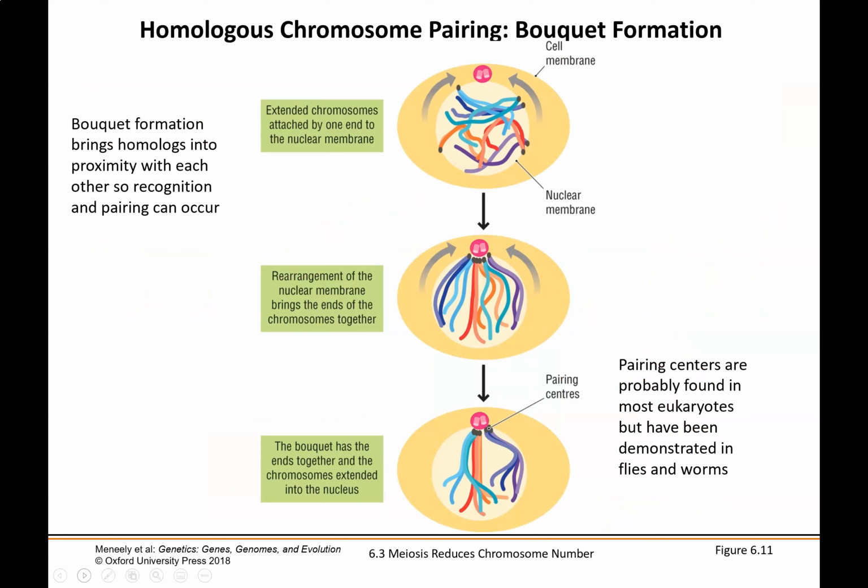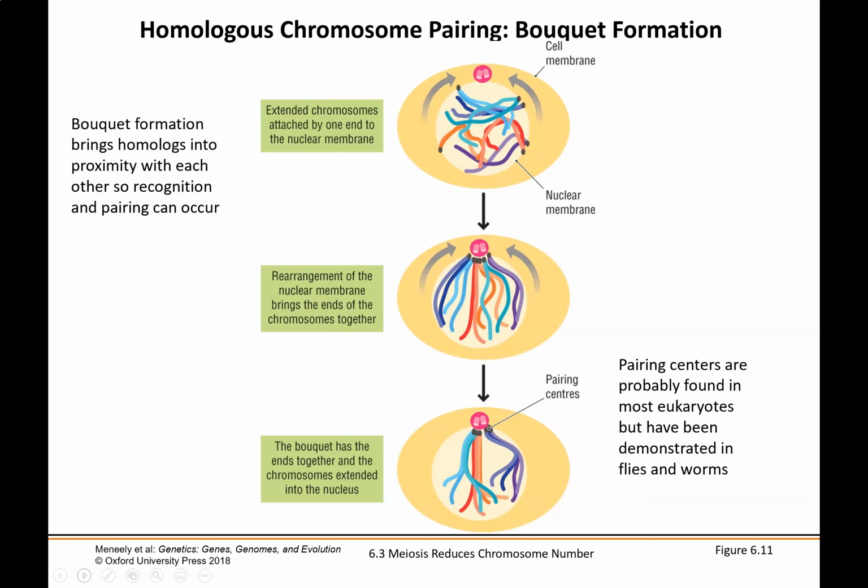So let's talk about some of these things that happen in meiosis I, keeping in mind that the process is the same. So we're not going to talk about that process of lining up and stuff again, because we already talked about that in mitosis. Your book actually goes into a lot of detail on this bouquet formation. All I really want to say here is that the purpose of the bouquet formation is that it joins your homologous pairs.